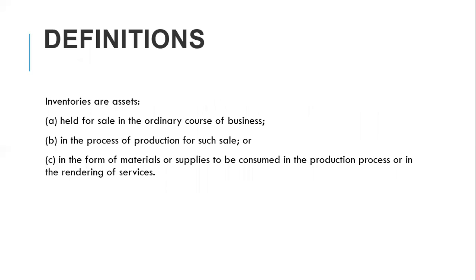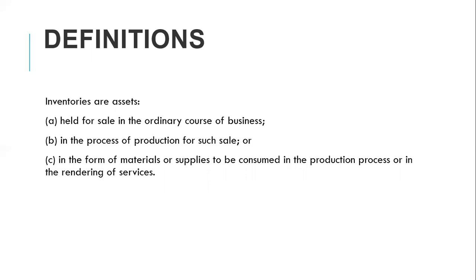Definitions: inventories are assets held for sale in the ordinary course of business. That definition is very, very important. So it's basically your production goods, what you sell in the normal course of business. That is what inventories are.